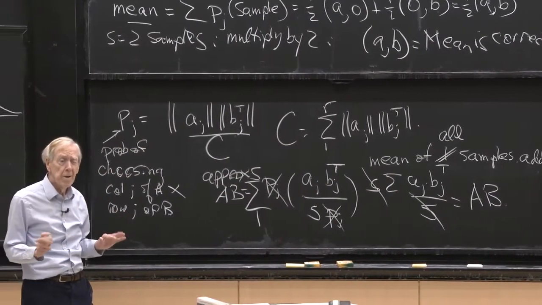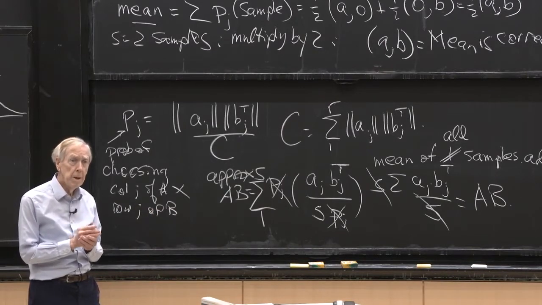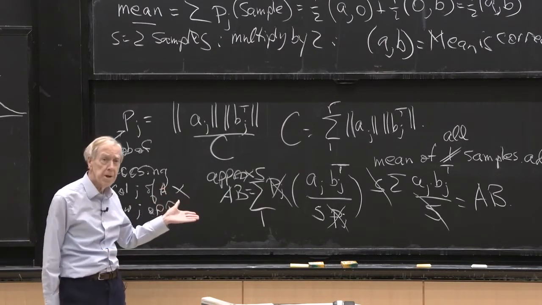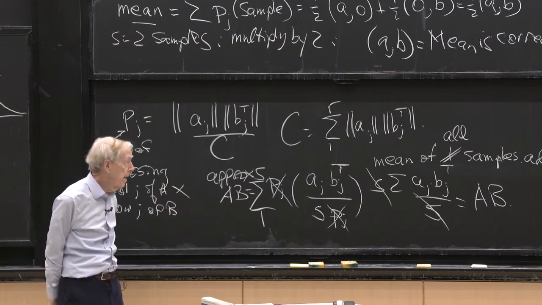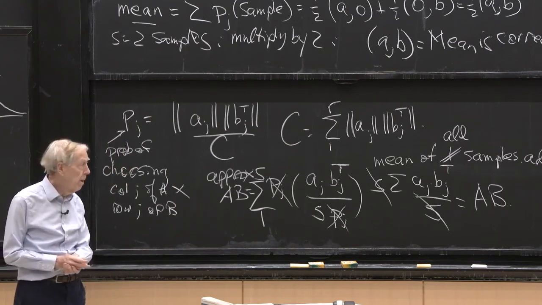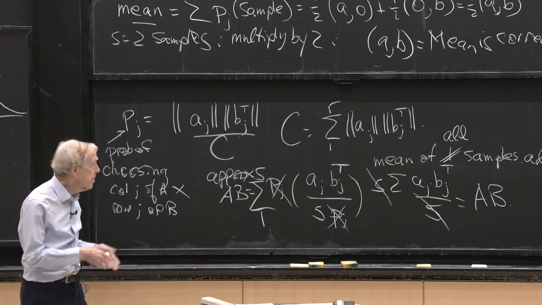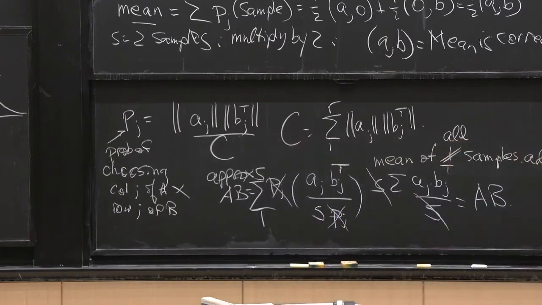All I'm saying here is that I did something reasonable in the sampling process so that the mean came out right. And now is the hard part, the variance. What's the variance? Okay, so what do I have to compute?